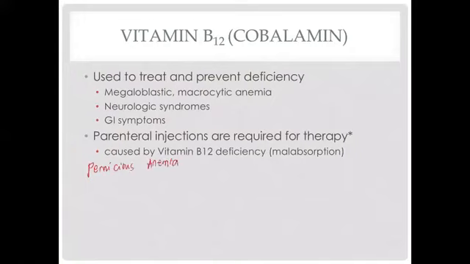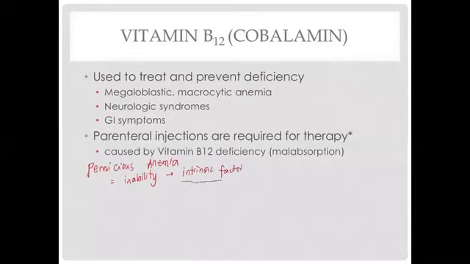Pernicious anemia is an autoimmune disease that results in the inability of the body to produce the so-called intrinsic factor. Now, what is intrinsic factor?